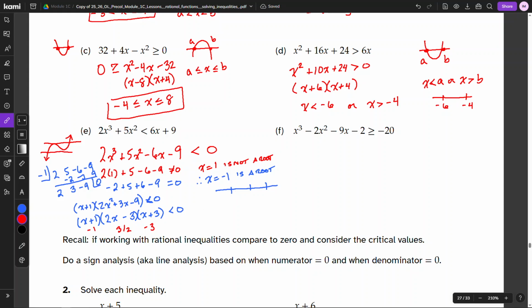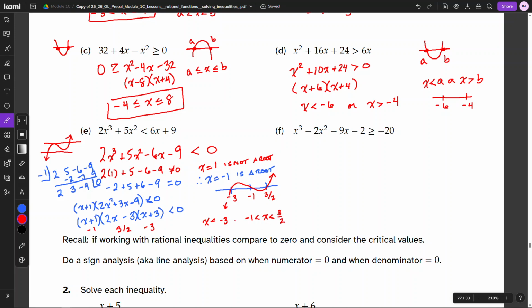All right, so on a number line, there's negative 3, there's negative 1, there's 3 halves, and I know that my graph has to look a little something like that.